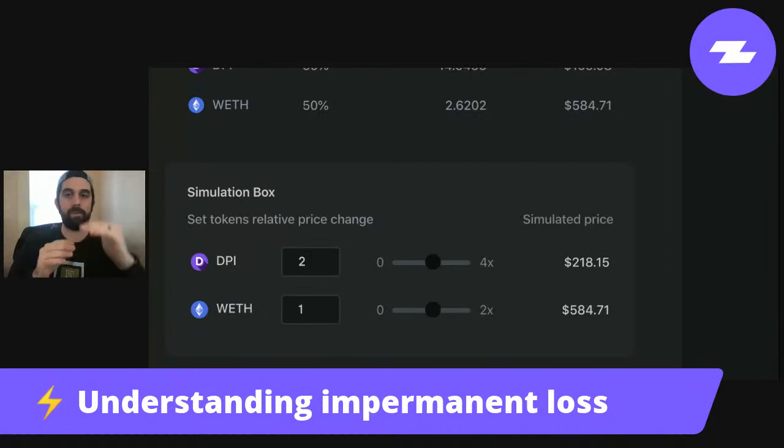But then let's say DPI is going down in price, I'm actually buying DPI because others are, what are they doing? In the Uniswap AMM, folks are, let's pretend they're selling DPI. Well, I'm a market maker. I'm enabling them to be able to do that.